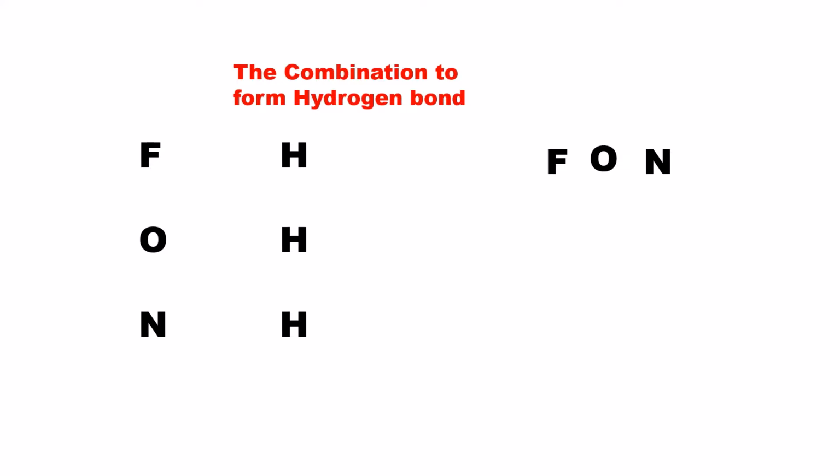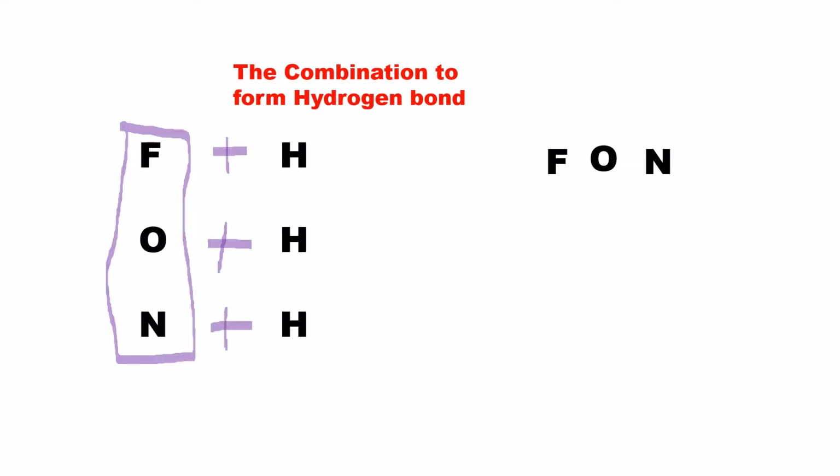If we have these elements listed, with interaction of hydrogen, the result would be like this. If we have this element here, we will have fluorine here and also here, then hydrogen bond is formed.